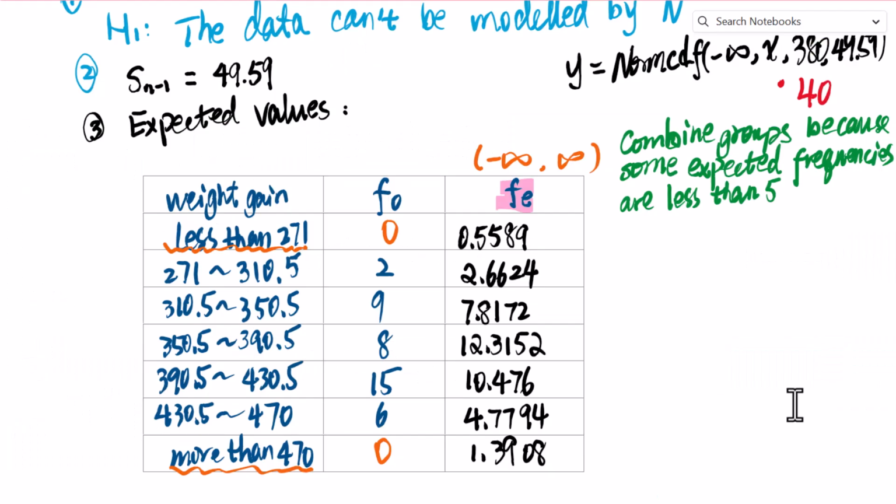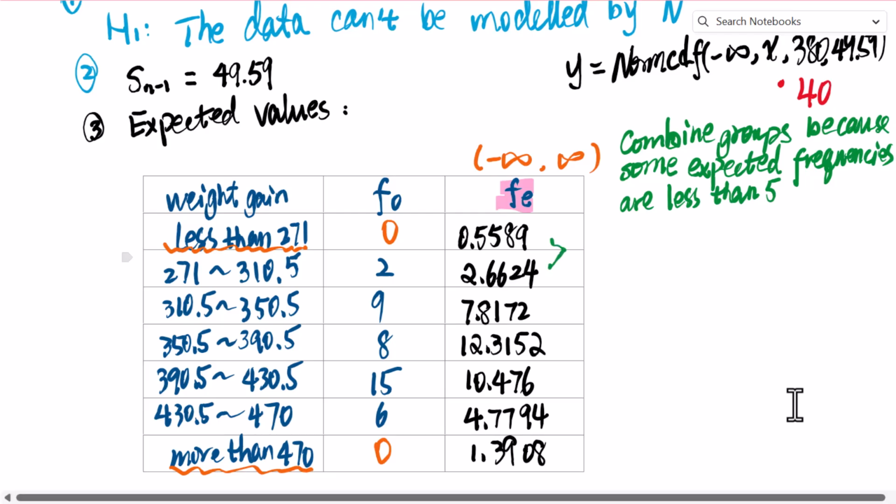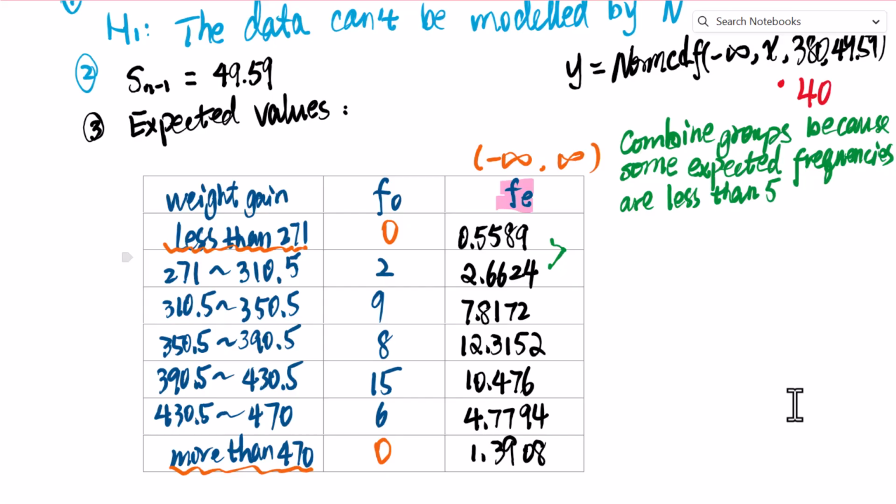We will combine groups because some expected frequencies are less than 5. When we add these two, still less than 5. So we need to add these 3 together. When we add these two expected frequencies, the result will be greater than 5. So this is good.